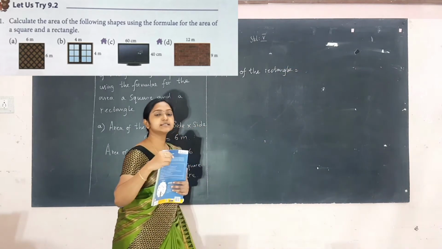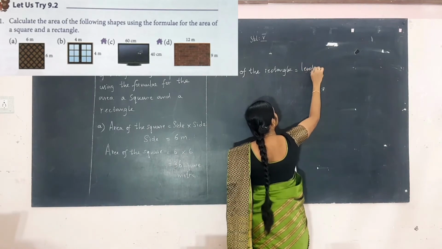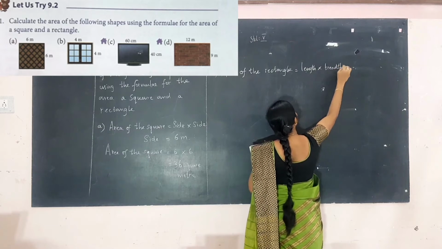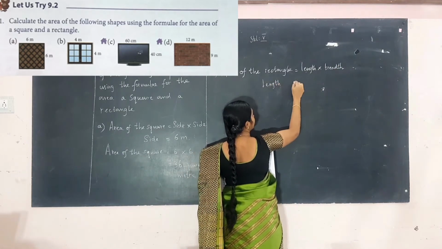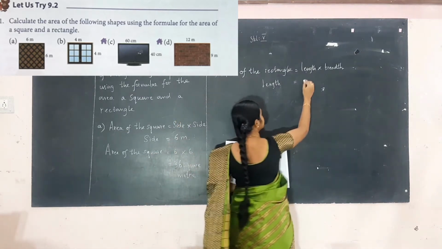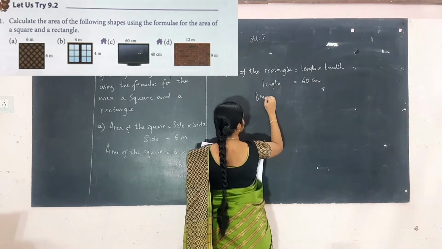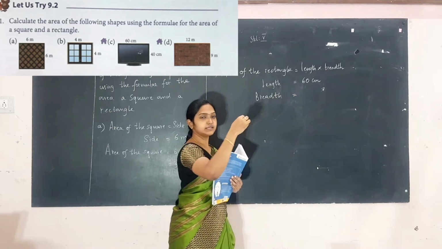Area of the rectangle is length into breadth. Length is given as 60 centimeter. Breadth is given as 40 centimeter.